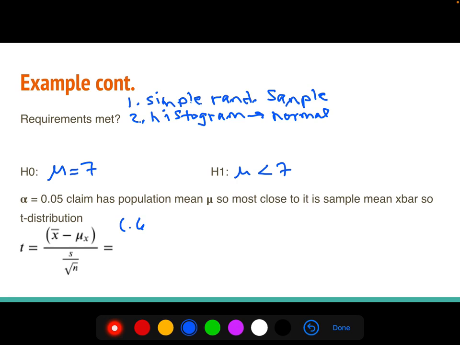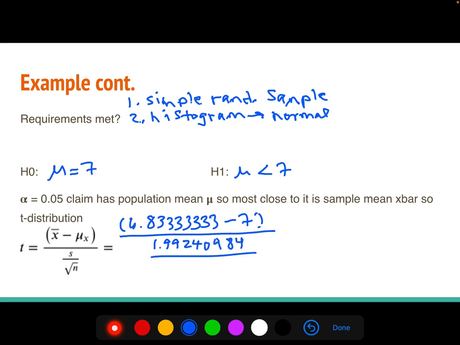They gave us our X bar, 6.8333333, minus the 7 that we want, over the standard deviation they gave us, 1.99240984, over the square root of n. N is 12. And we pop that in the calculator and we get the T to be negative 0.290.